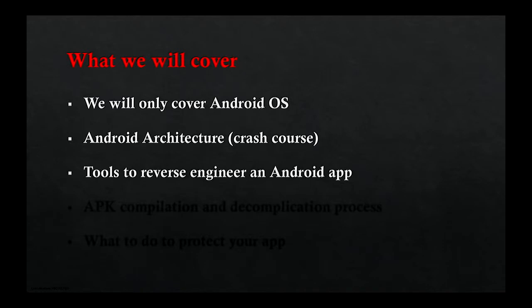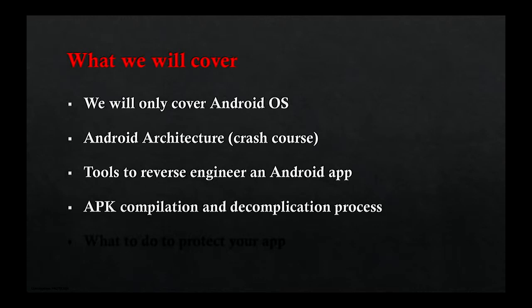Obviously, we will cover the type of tools that we need to reverse engineer that app, and the compilation and the decompilation process of that app. And the last section that I've added in my talk is around how to protect your applications from reverse engineering, or how you could actually add more layers of defense in your applications while you're developing or before you're publishing those onto Google Play Store. Because it'll be covering Android, but you can take these learnings and also apply these in iOS, so this should be fine.